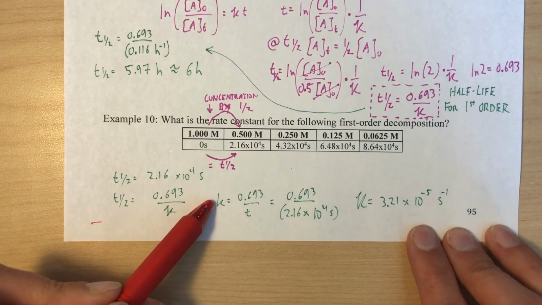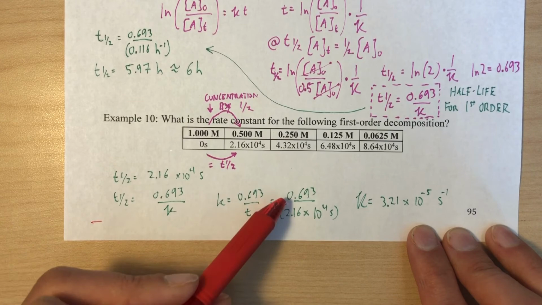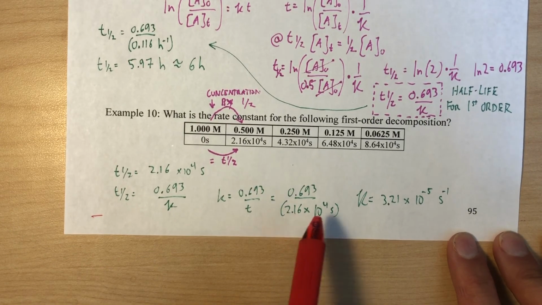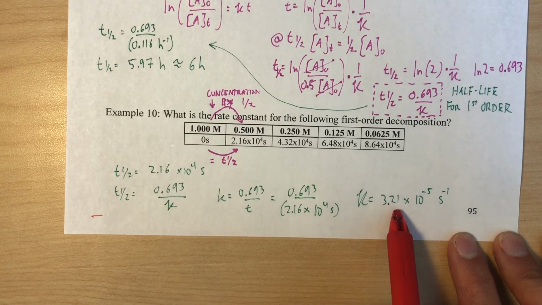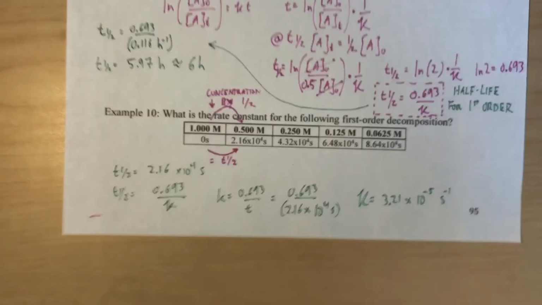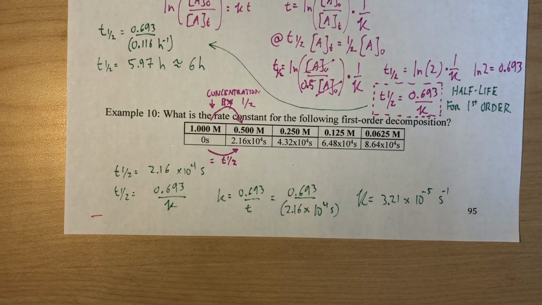We rearrange and get that k is equal to 0.693 divided by t. 0.693 divided by 2.16 times 10 to the 4th seconds is equal to k, which is 3.21 times 10 to the negative 5th inverse seconds. Again, we see that first order reactions have units for the rate constant that are equal to inverse time.